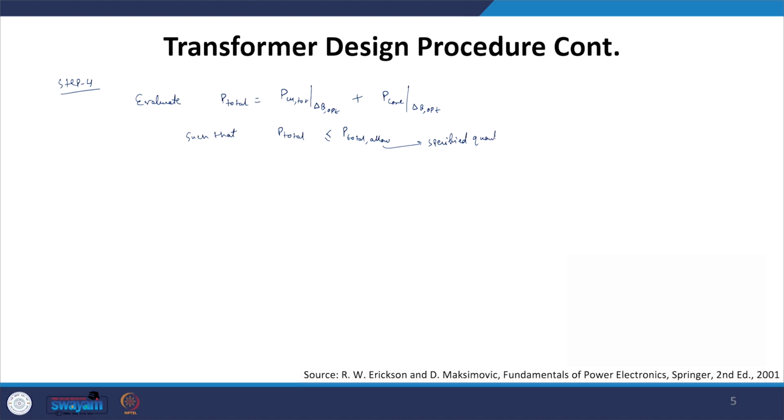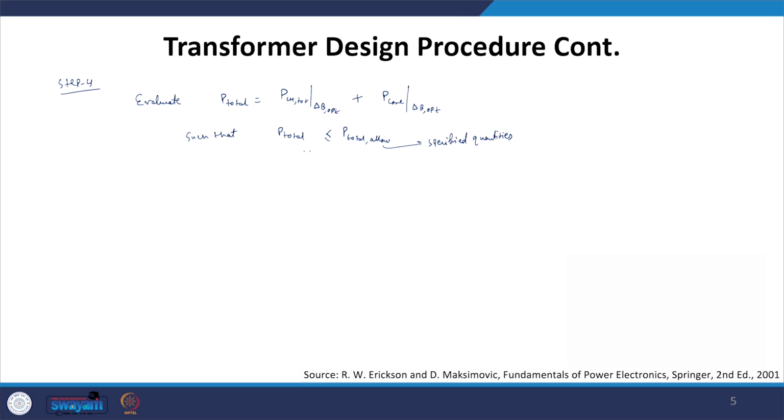So we have obtained the delta B optimum value, and from there we calculated the P total, and this P total should be less than the allowable total loss in the transformer, that means it should be less than the value specified in the specification.